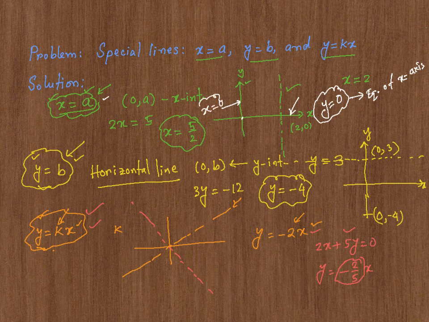This is going to be the equation of the y-axis. So keep this in mind: y is equal to 0 is the equation of the x-axis, and x is equal to 0 is the equation of the y-axis.